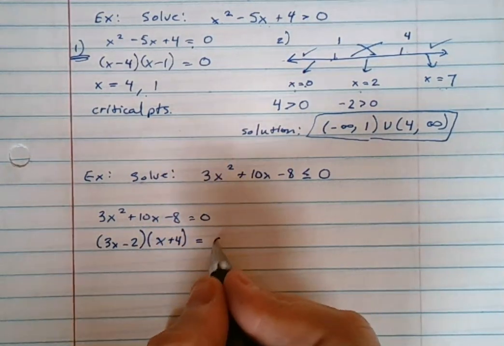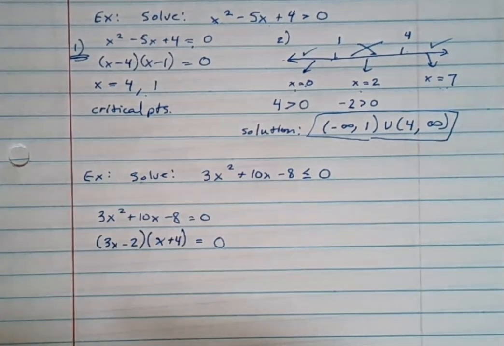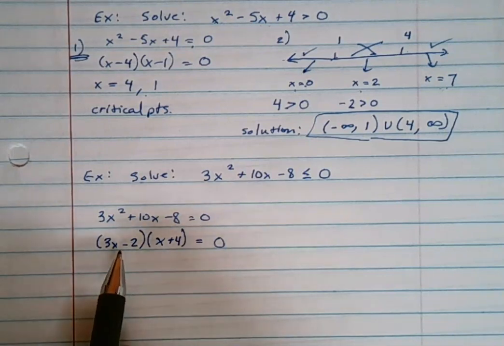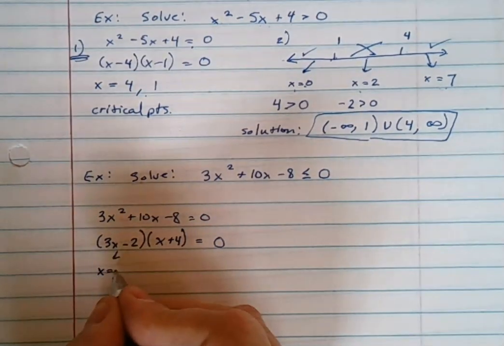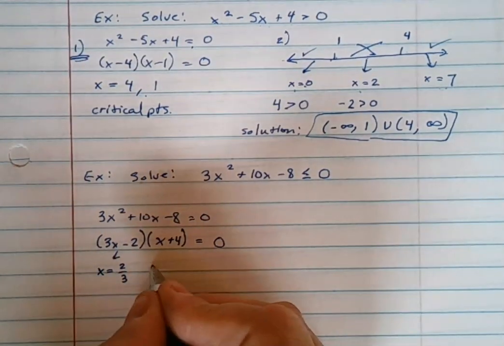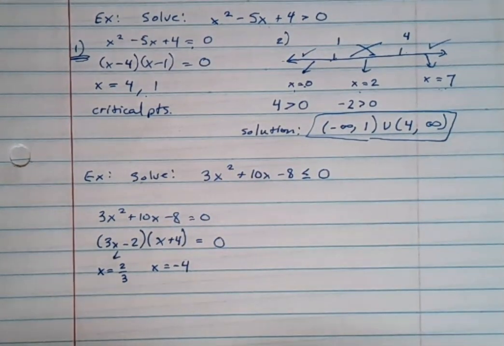You can check that with the FOIL method and see that it gives you the original quadratic. If you cannot factor that and you use the quadratic formula, you will get the same two answers. And those answers are x equals 2/3 and x equals -4.